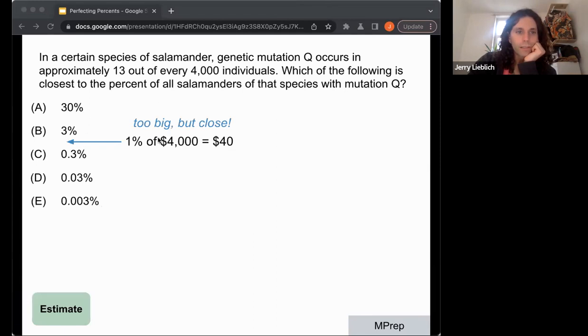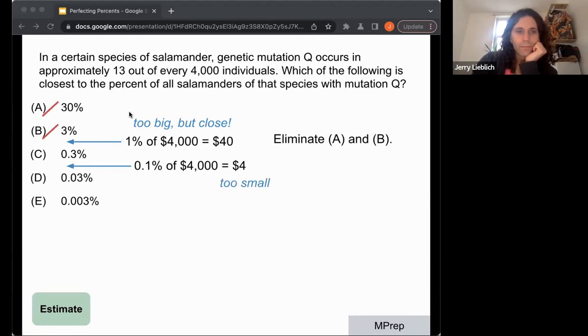And that would be right here, which is too big. Well, okay, what if we took it down to 0.1%? That'd be too small. So it has to be between 0.1 and 1, 0.3%. Using this kind of logic on the test can be really helpful, save you some time.